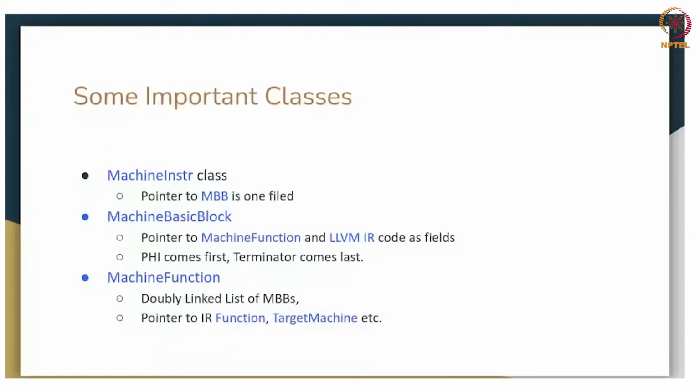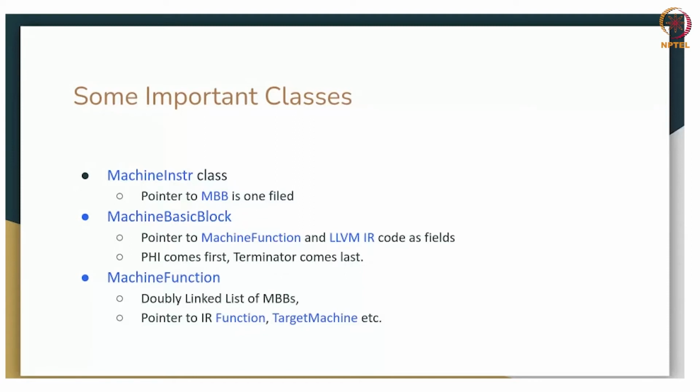The machine basic block has a pointer to the machine function and to the LLVM IR code as fields. This is very important: if you want the equivalent LLVM IR of a machine basic block, a field already points to the corresponding LLVM IR code. So getting back the LLVM IR from a machine basic block is easy.